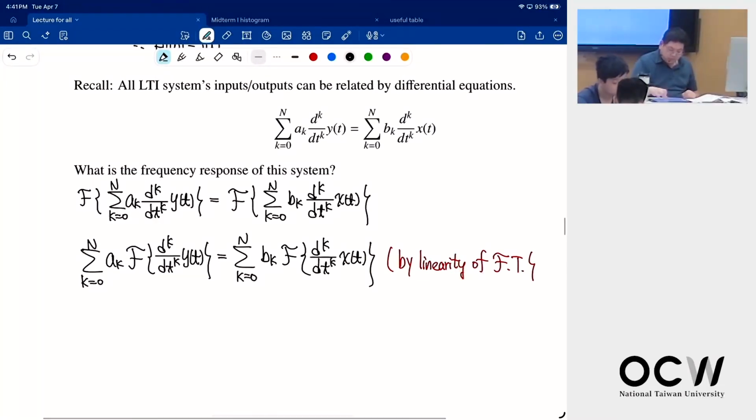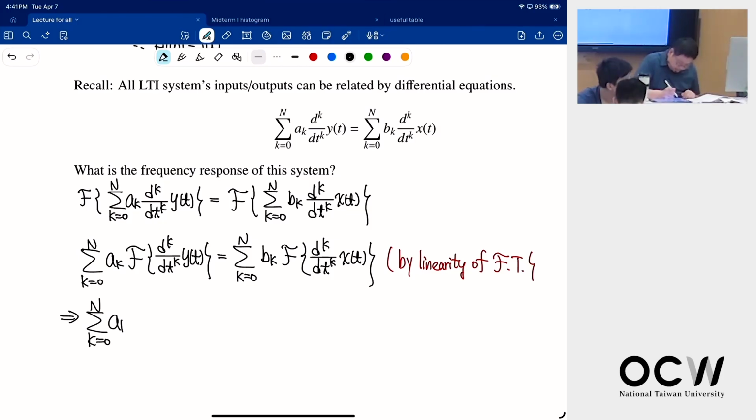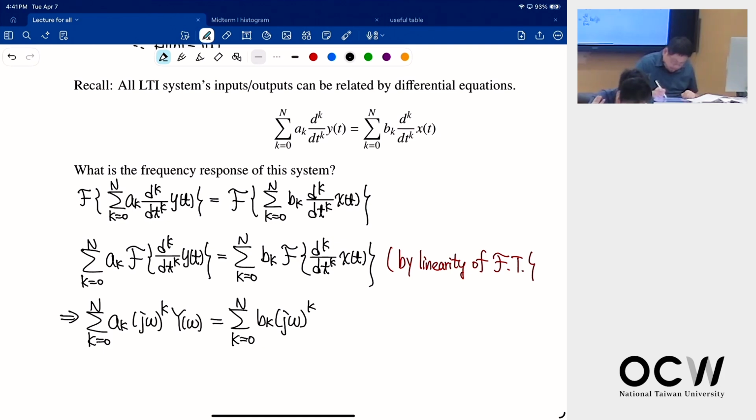So you will get j omega to the k, and then right hand side j omega to the k.